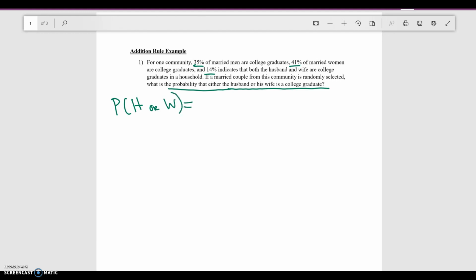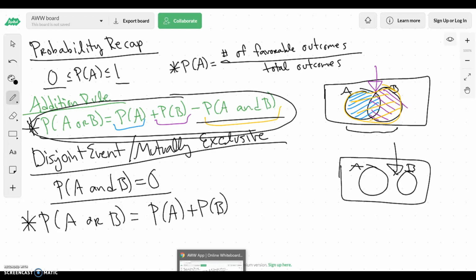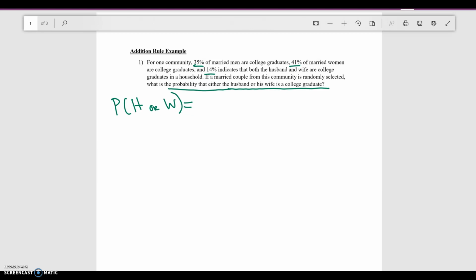Now if we go back to the addition rule, I just have to take the probability of A added to the probability of B minus the probability of A and B. Notice that these are not disjoint events because a husband and a wife can both be college graduates. That's possible; there's a 14% chance.